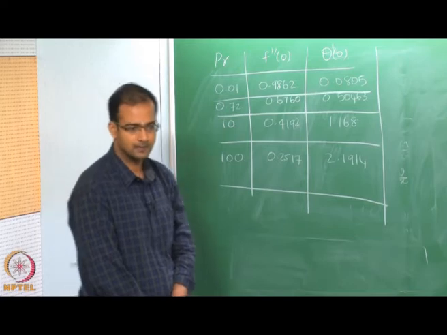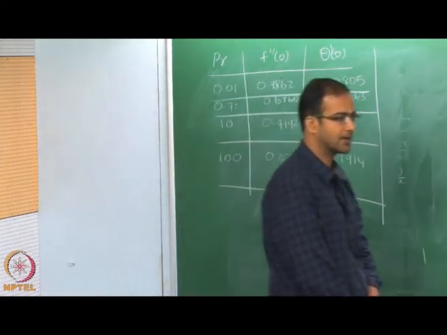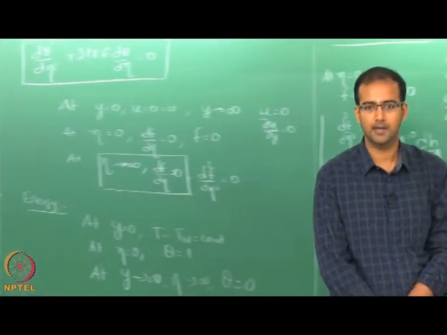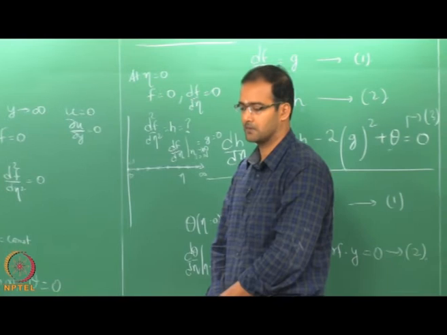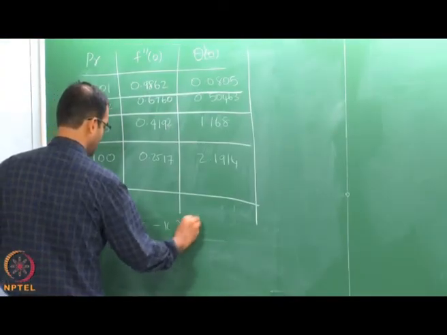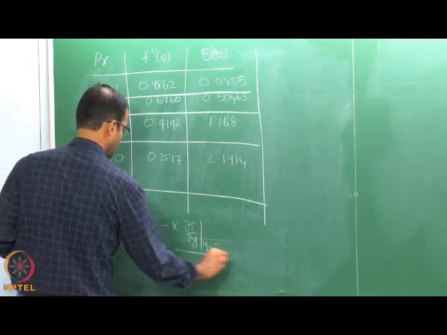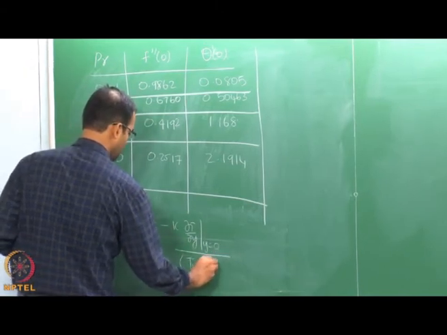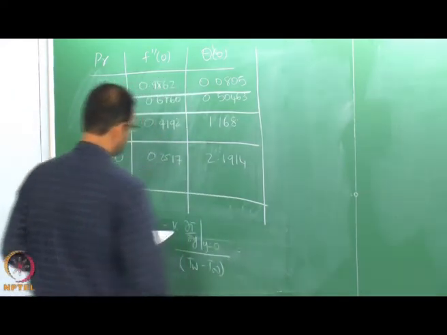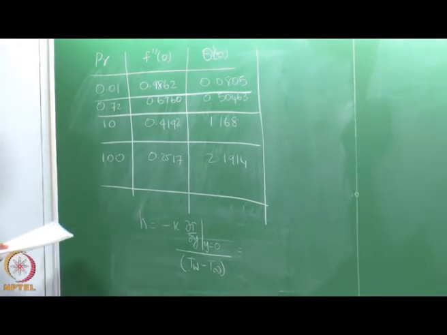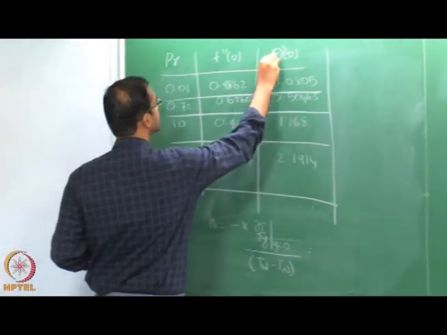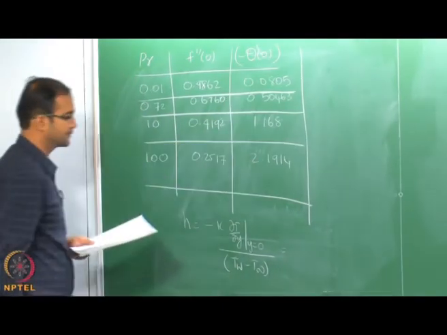So, can you all do that? Once you know the temperature gradient at the wall, now you should write down what is the expression for Nusselt number. Yes. So, in this case it should be negative, right. So, let us say minus of theta dash, that is correct.